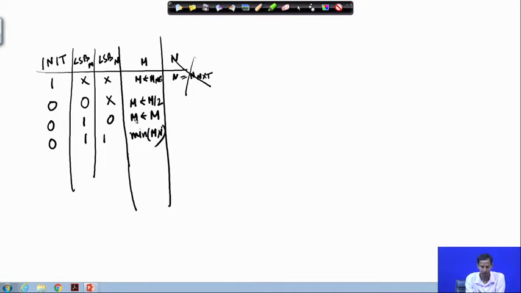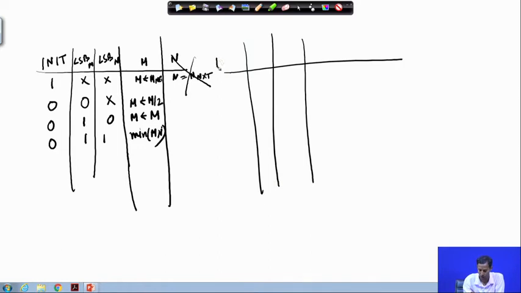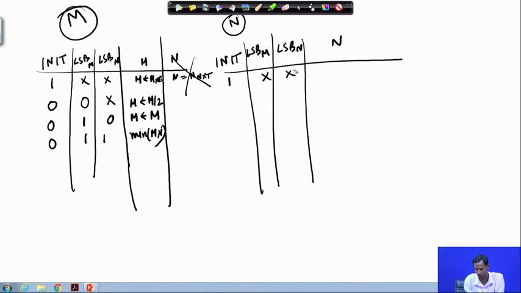The same table I draw for n. This is the LSB of m, this is the LSB of n, and this is n. For 1, n equals n next.